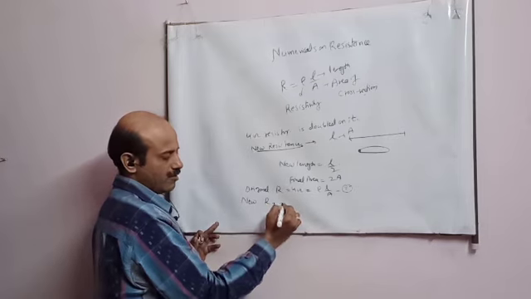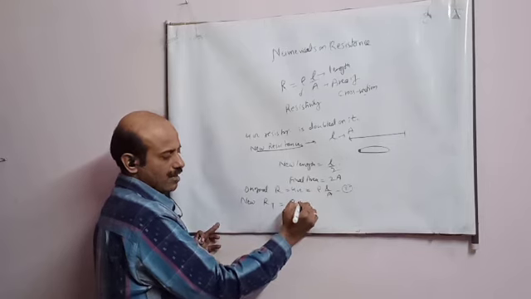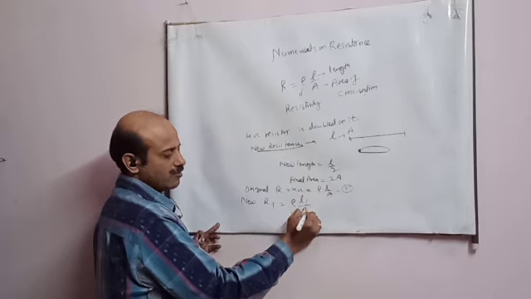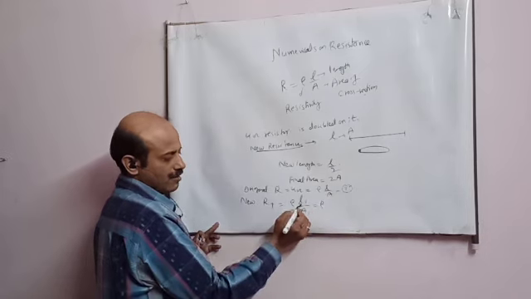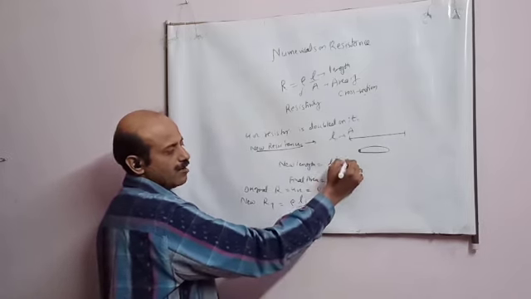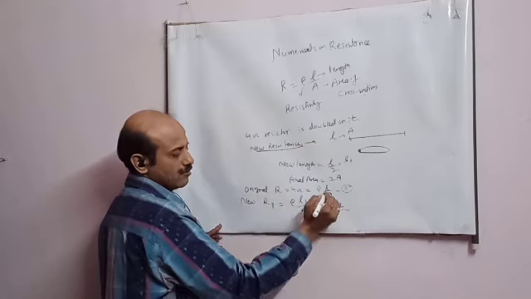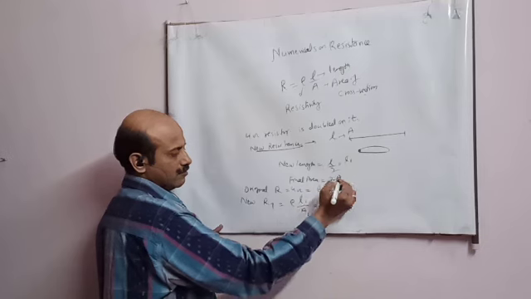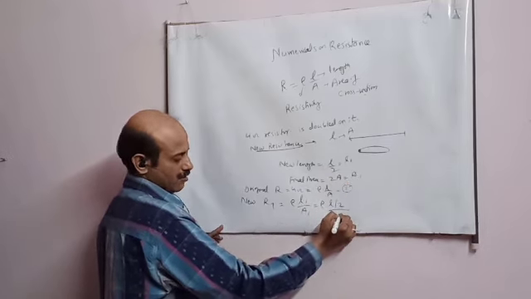Rho, the material, is the same. Length has changed, area is also changed. L1 is L by 2, as I said, doubled on itself. And A1, the final area, is twice A.